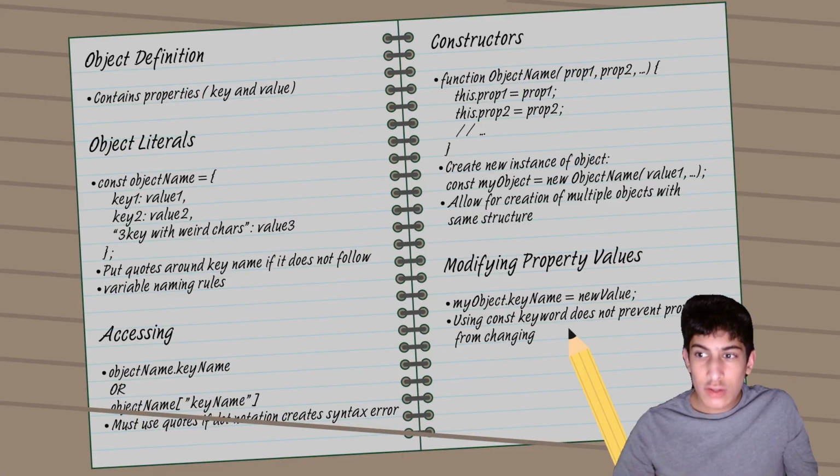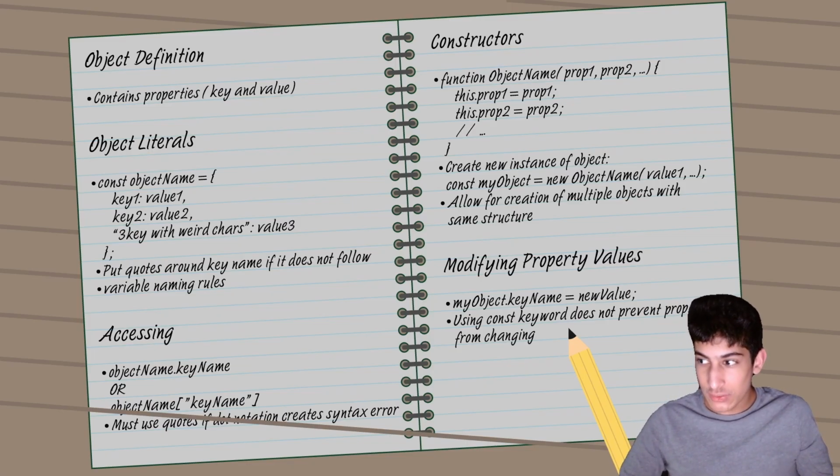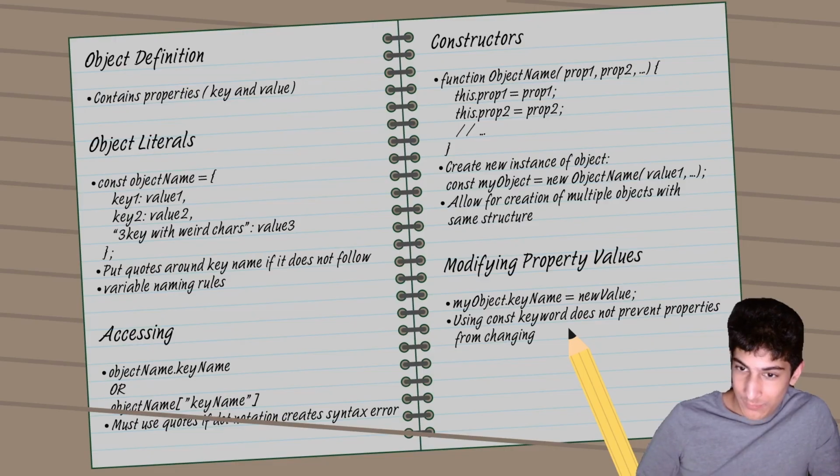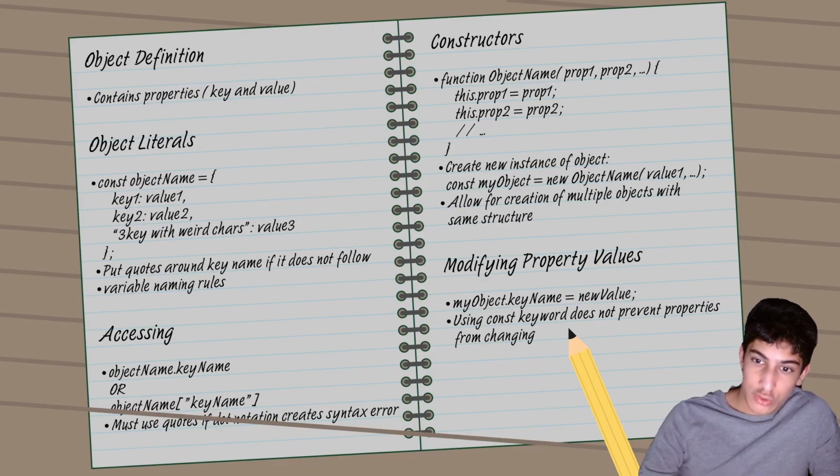And finally, details or properties of objects are not static, meaning we can change them, and we can change the value of a property of an object by referring to its key name and assigning it a new value using the equals sign, using the assignment operator.